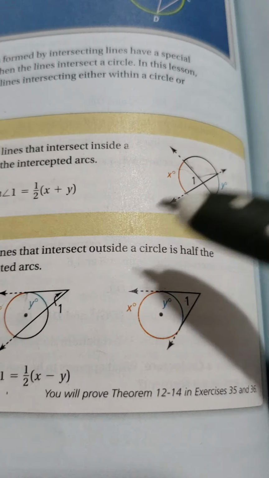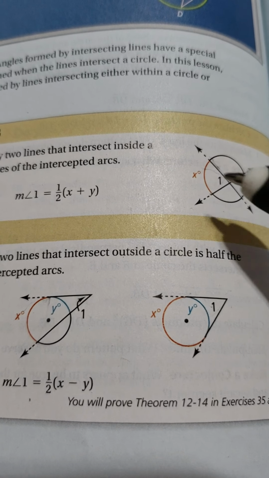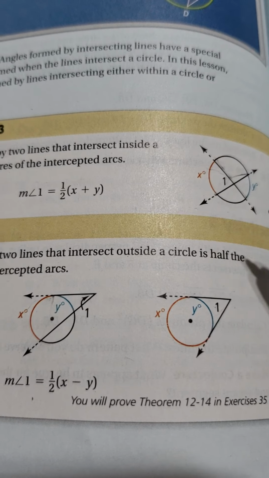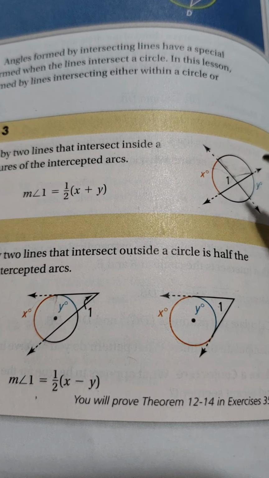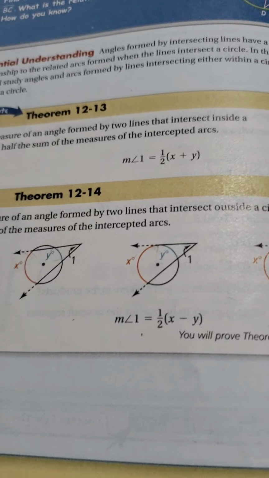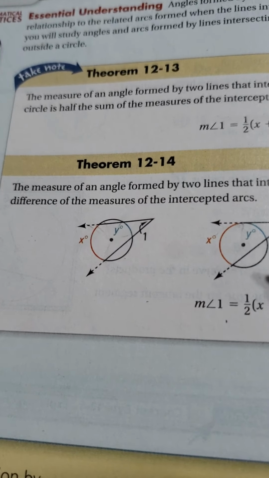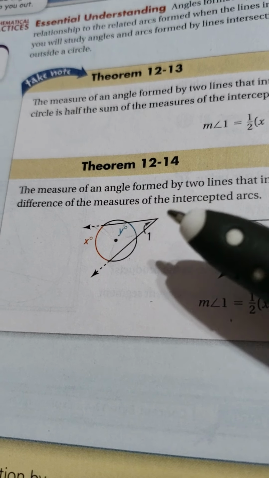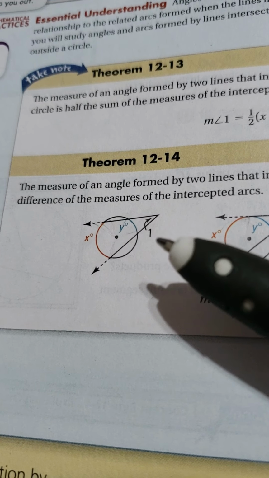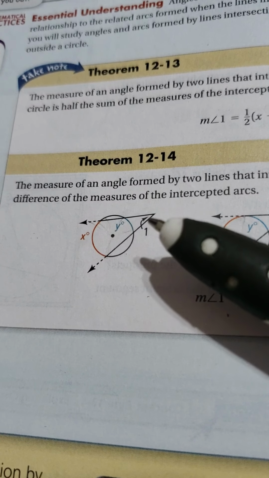The angle 1 will be equal to 1/2 the measure of the arc x plus the arc y. This is when the intersection is inside of the circle. Now, when there are two lines or two segments and the intersection is outside of the circle, here we have the angle 1.